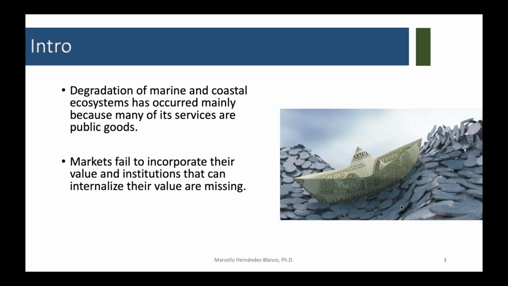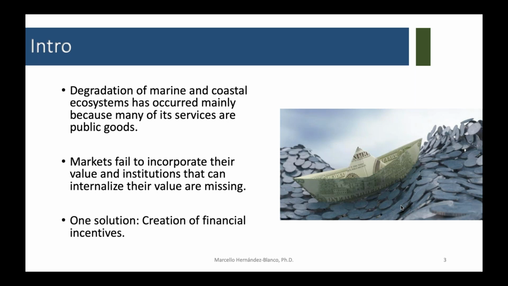Not everything is the fault of the market, but in this case, the market failed to incorporate the value of these ecosystems and the benefits that they produce, and simply the institutions that can internalize this value do not exist.